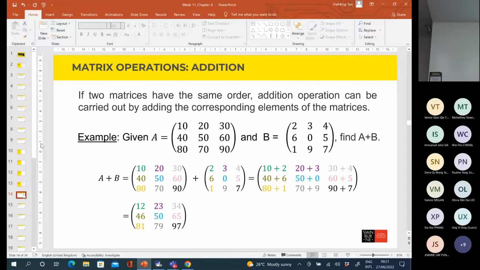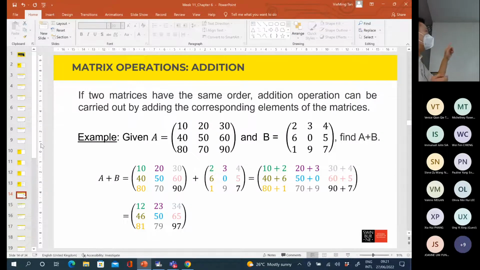Now let's say we have matrix A and matrix B. You are asked to calculate the value of matrix A plus matrix B. A plus B only exists when both matrices have the same number of rows and the same number of columns.